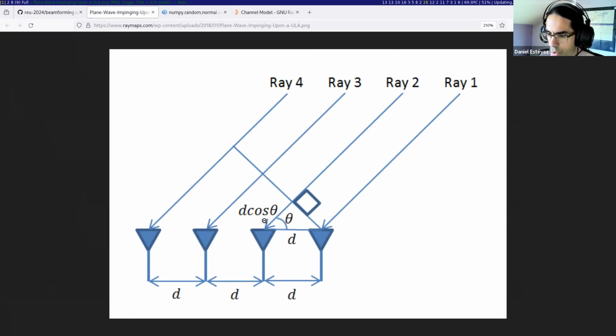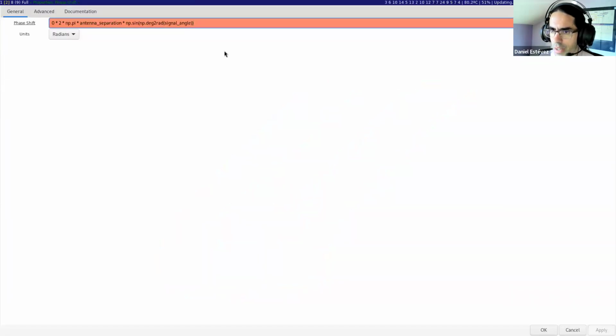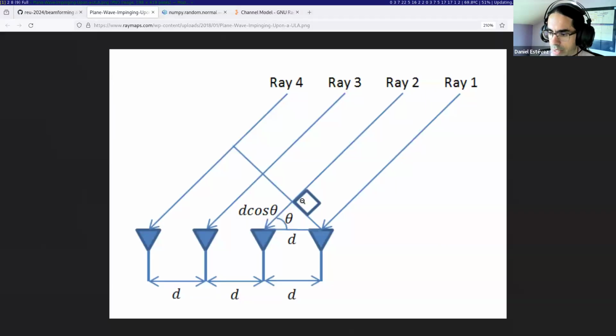I want to measure the angle from the vertical, so rather than cosine of theta, I need sine of theta, but that's just a minor detail. So that's the phase shift that happens because of this geometric delay.